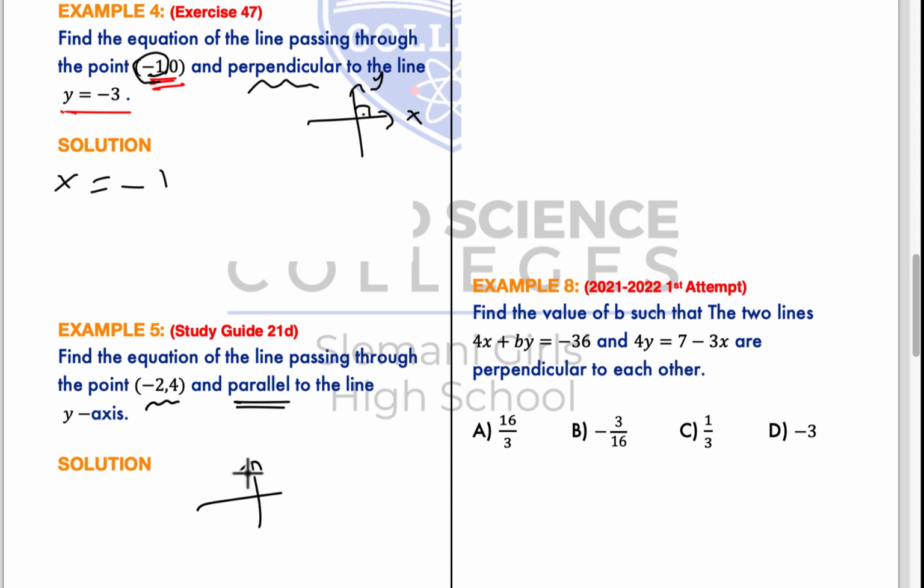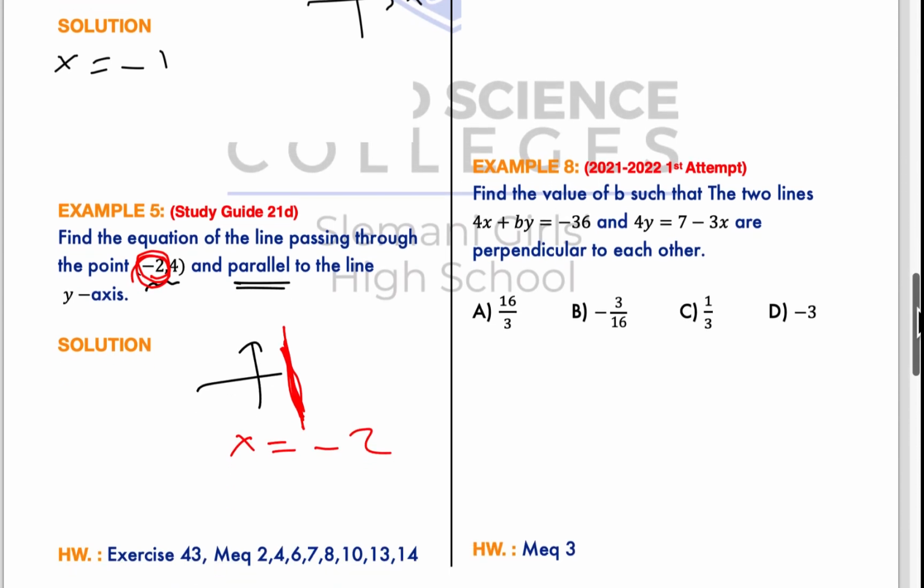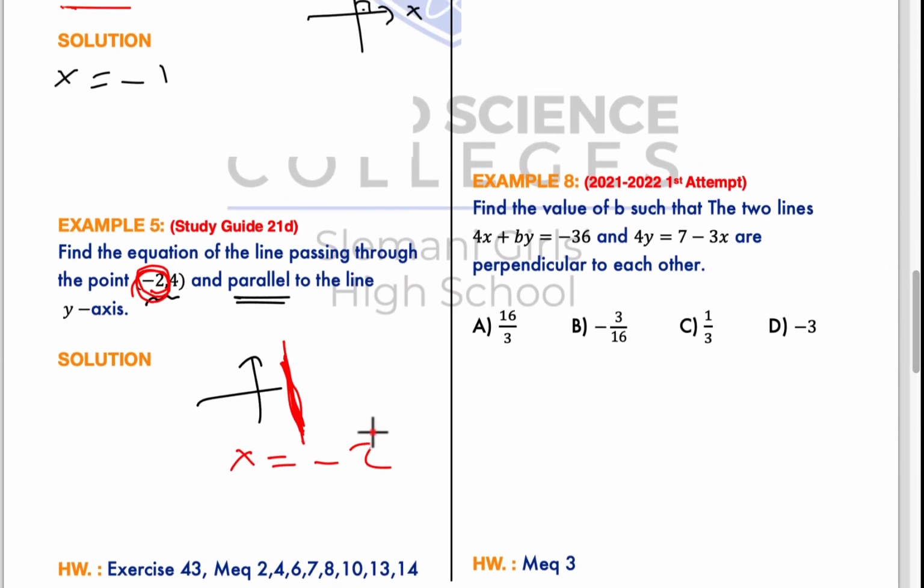If my line is parallel to this vertical line, my line is also a vertical line. If it is a vertical line, what kind of equation will you have? It has an undefined slope, and its equation is x equals something. What is that something in the question? That something is given as -2. So that's the answer. If you get the idea, no need to solve. You can answer right away.